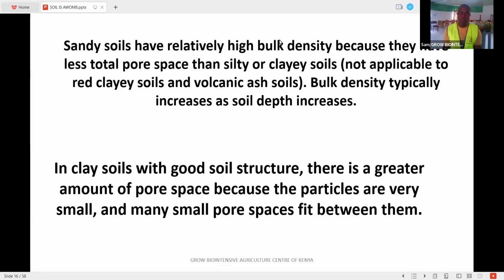So it's able to last long in the soil. So we have to understand the type of organic matter that we apply in our soils. There's organic matter that's digested very fast, and some organic matter that lasts longer before it is digested.